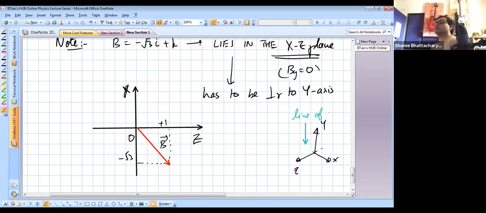If you look straight into the xz plane, the diagram will look like this. In this diagram, the y-axis is coming out of the plane towards you. Okay, so I hope you've understood the significance and also the general understanding of direction.